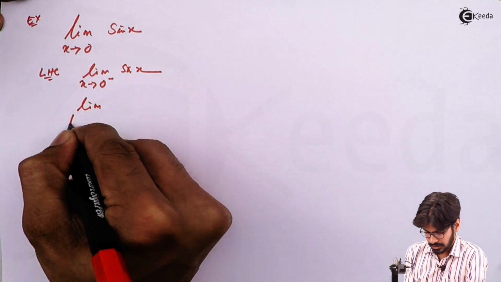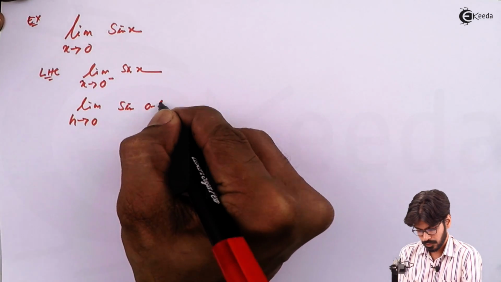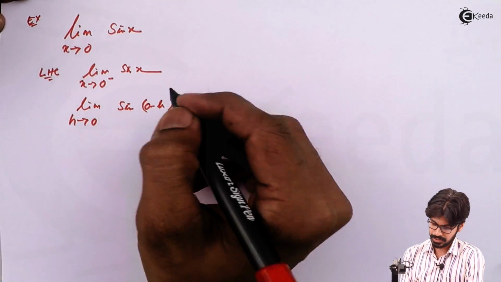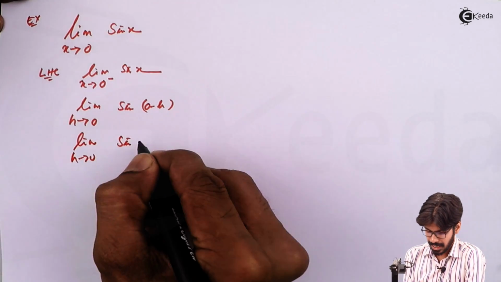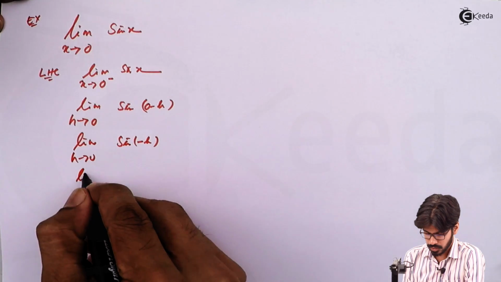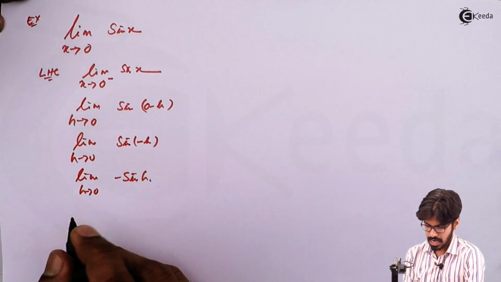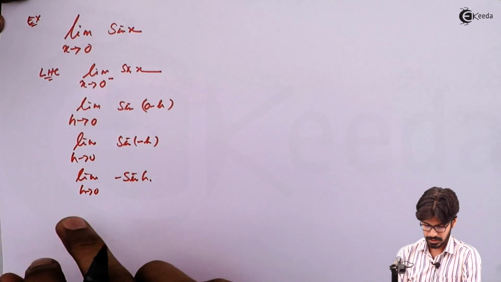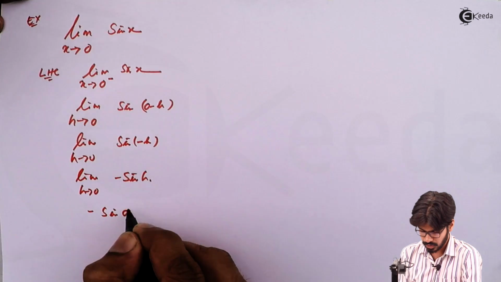Limit h tends to 0, and in place of x we will write 0 minus h. So limit h tends to 0 sine of minus h, that will be equal to limit h tends to 0 minus of sine h. Now if we put the value of h in the function, it will become sine 0, that is 0.